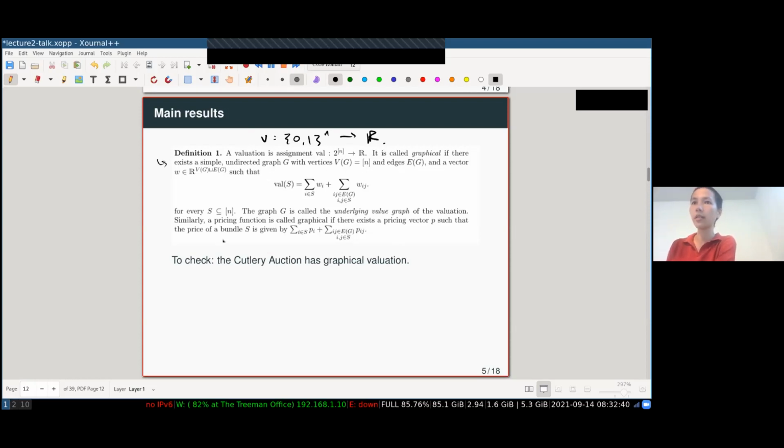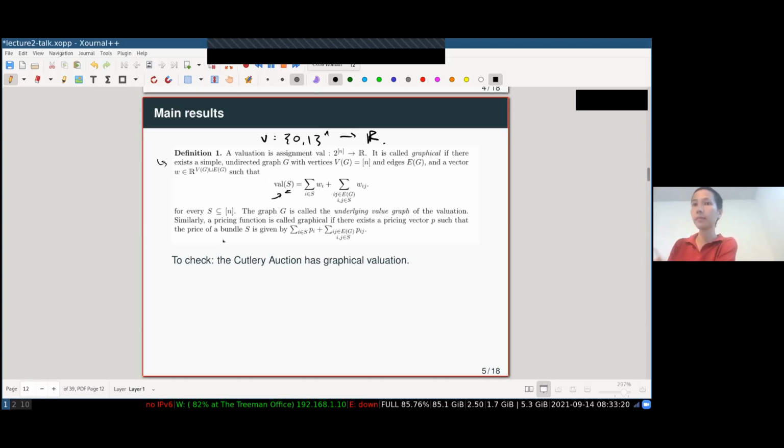A valuation is graphical if there exists a simple undirected graph G on these n items such that how much an agent values a bundle S is the sum of the agent's values for each of the items in S, plus the agent's own value for each pair ij, over all ij in S. So the agents themselves do a pair bonus or markup pricing.